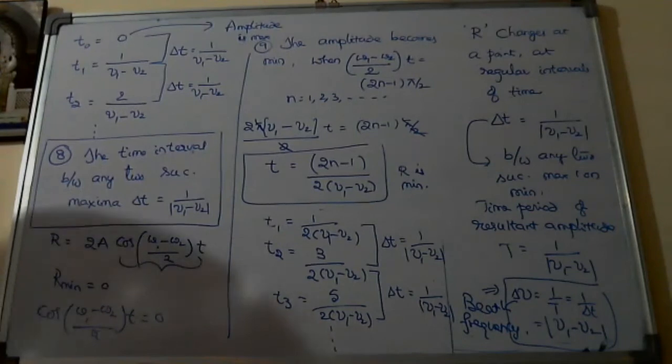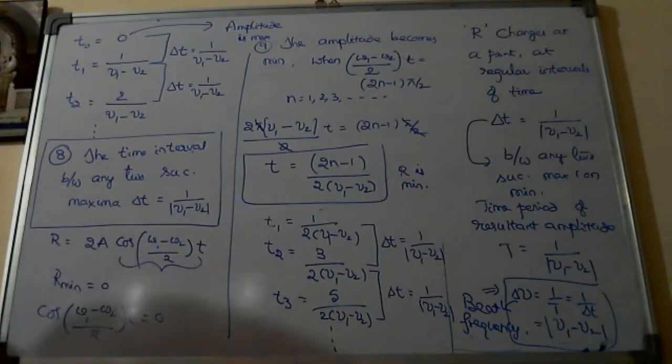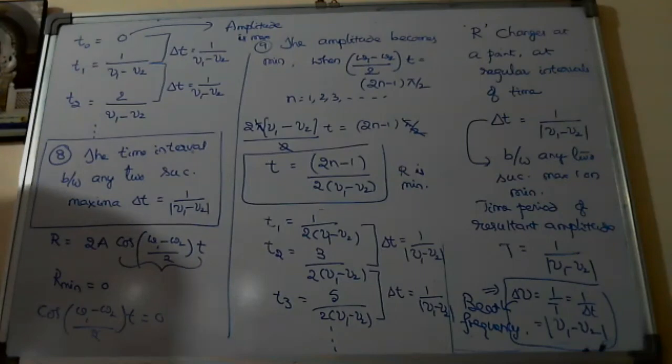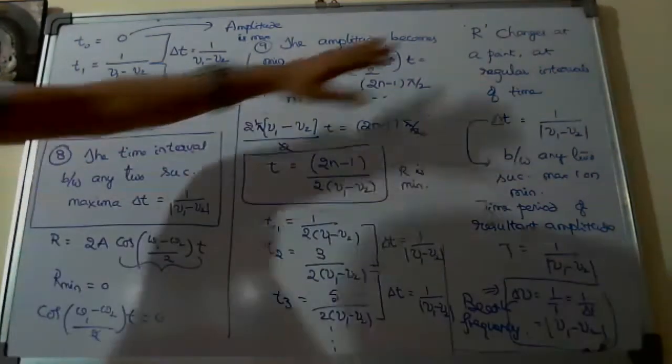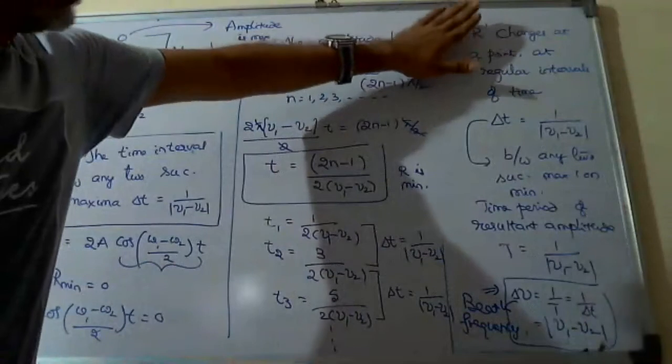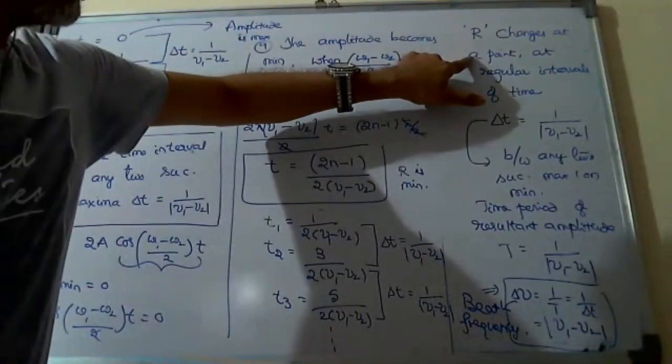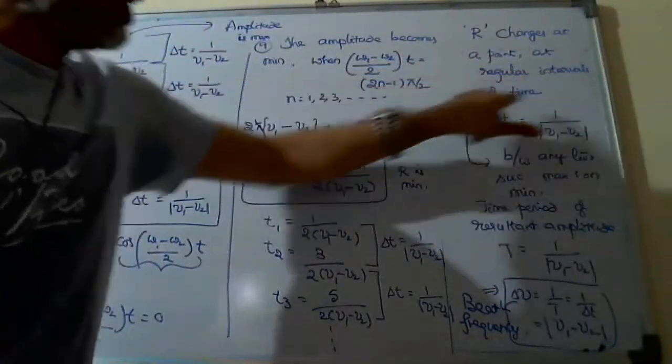So finally, after discussing the concept, the beats concept means: when two sound waves or two waves traveling in the same direction superpose at a point without initial epoch, then the resultant amplitude becomes maximum and minimum at a point at regular intervals of time.